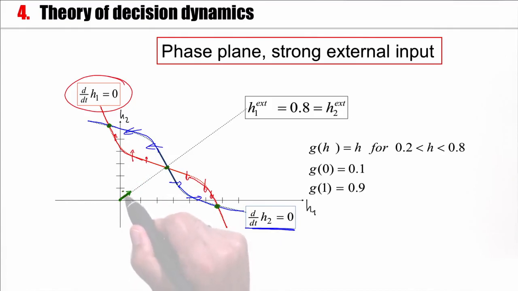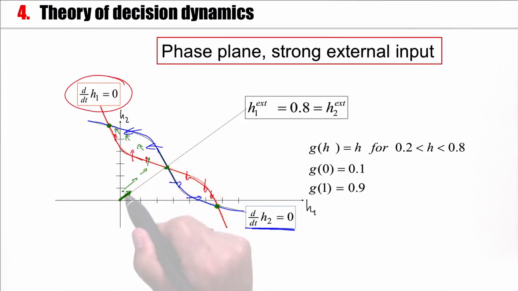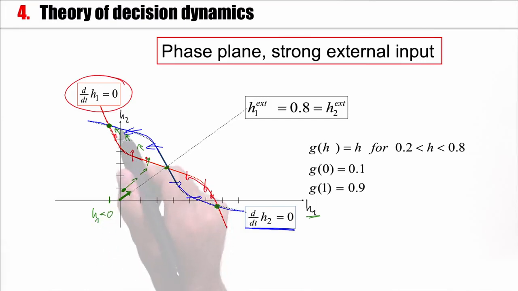And now we can follow the dynamics. Suppose we start at a point somewhere here. Well, we are close to this arrow, so we would probably move upwards. And then we cross here vertically, and then we go over here. If I have an initial position here, the dynamics will lead me to a stable state, to the fixed point over here. Now what is this fixed point? It has very low h1, so h1 is smaller than 0, and h2 is big.